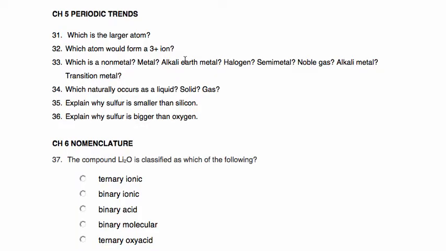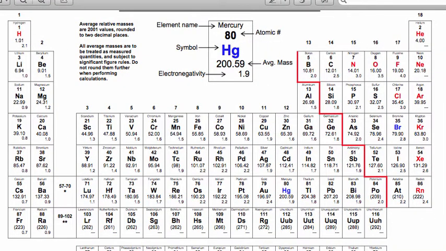Where are the nonmetals, metals, alkaline earth, halogens, semimetals, noble gases, alkalis, transition metals? Okay, these are all color-coded on your table. In your book, you should know these. These are the alkalis, alkaline earth, the transition metals, the post-transition metals sit under the stairs.